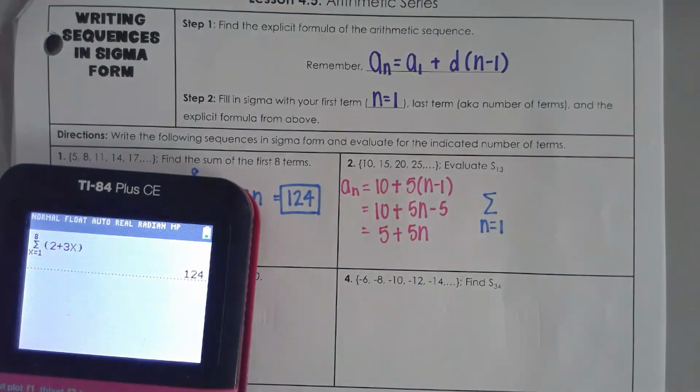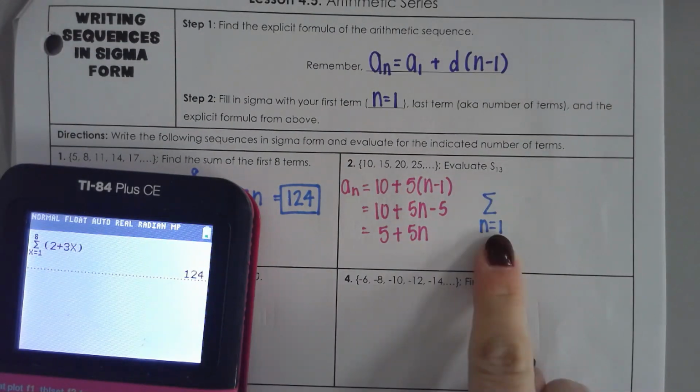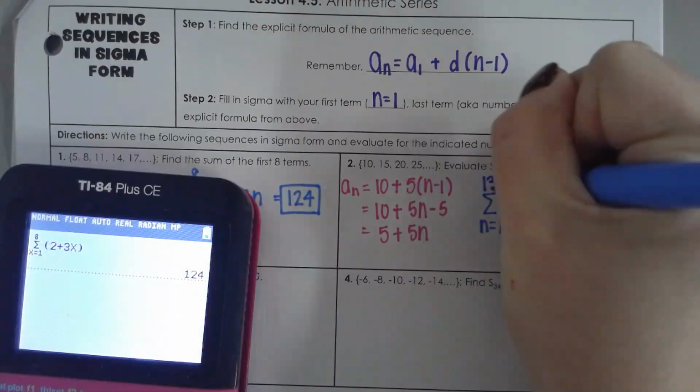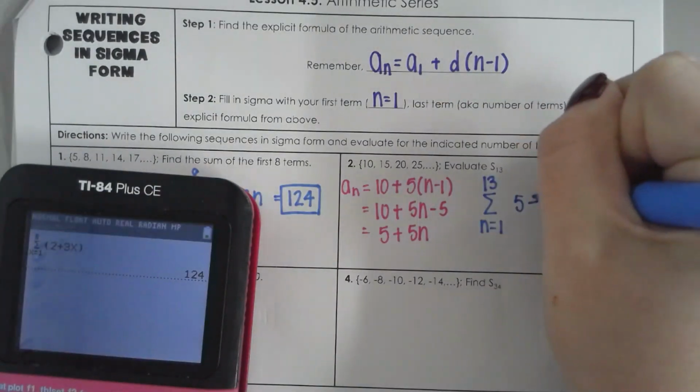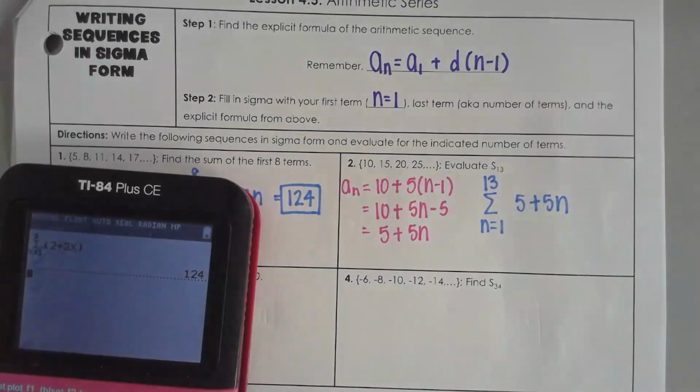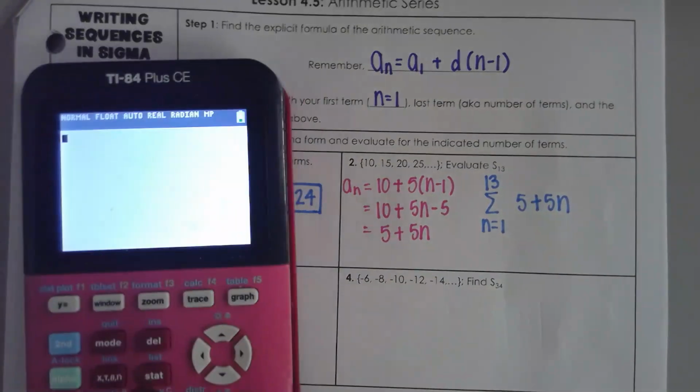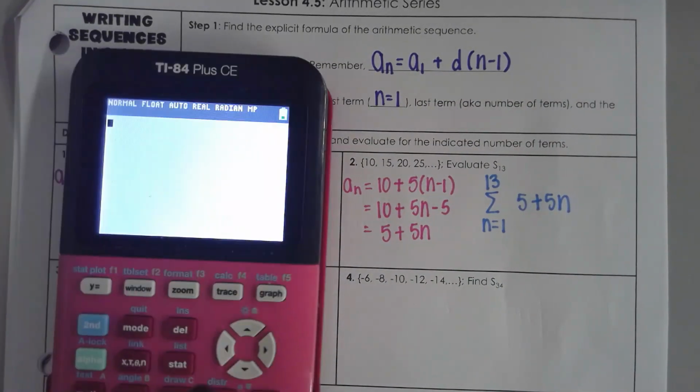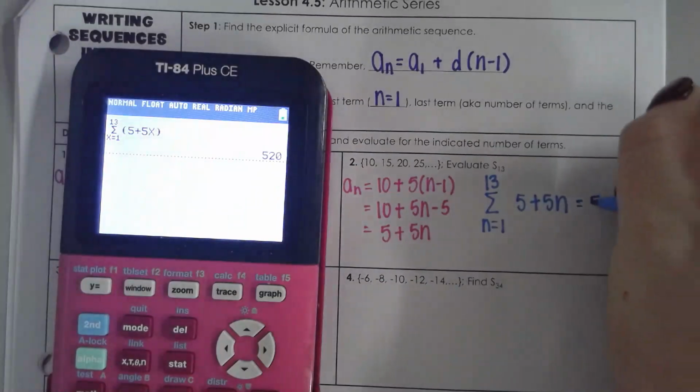And we're going to do sigma. We're going to find the sum. And the formula that goes with that is 5 plus 5n. And if you type it in correctly, you should get 520.